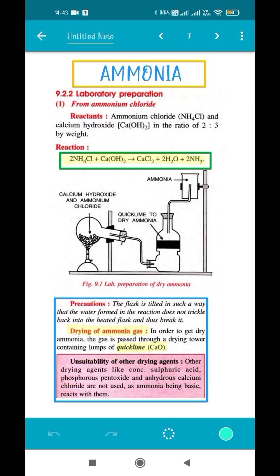So calcium oxide, or quicklime, is used for drying ammonia, and then the dried ammonia moves to this flask. Why do we use quicklime? Why don't we use any other drying agent? If we use any other drying agent such as concentrated sulfuric acid, phosphorus pentoxide or calcium chloride, ammonia is basic in nature, so it will react with all of these. But we don't want any reaction, we just want drying. Therefore we are using calcium oxide.